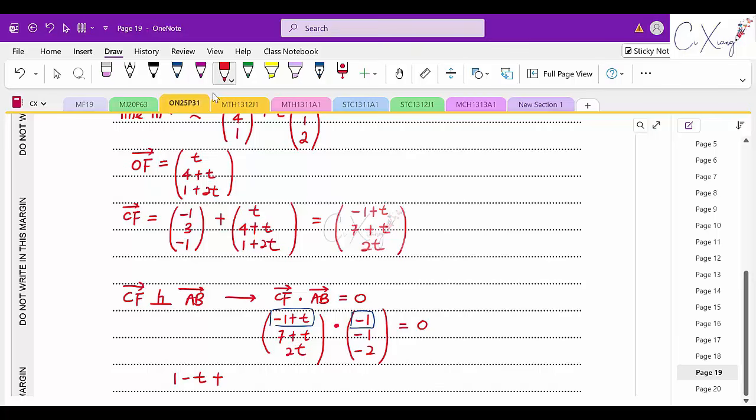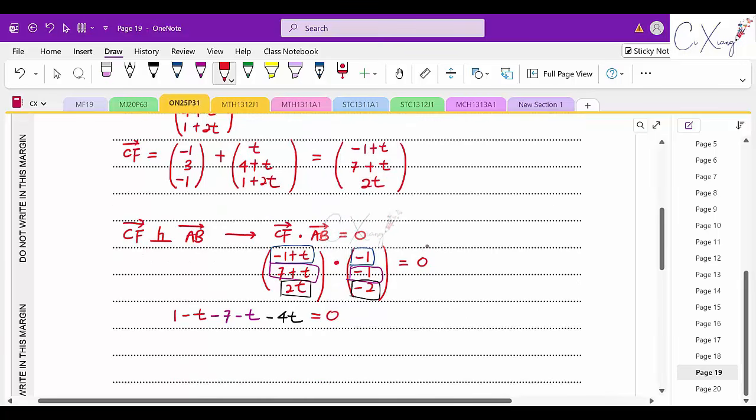Then plus y multiplied with the y, you'll be having -7, negative t, right? Then the last one, you are having z multiplied with the z, so you're having -4t. Then you let it equal to 0.